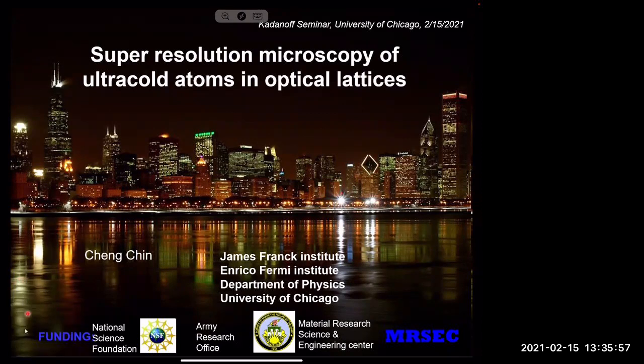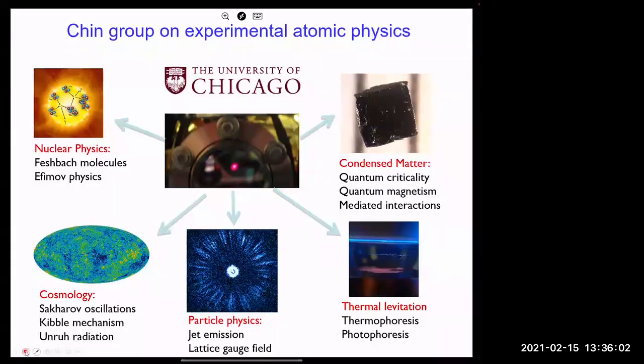Right, so as just introduced by the host, we've been working on quantum simulation based on cold atom systems, trying to address some interesting issues that are difficult to resolve or difficult to simulate or understand in other fields.